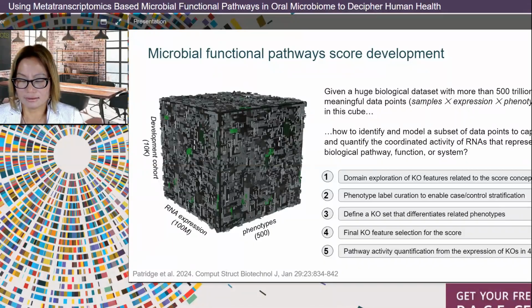I'm listing here 5 steps summarizing this whole iterative process: from the early literature domain exploration to understand the score concepts, the phenotype labeling with multiple iterations, differential gene expression analysis comparing case and control defined by any of these phenotype labels to get the final winning set of KOs, and then the quantification or aggregation of the relative abundance to represent this whole pathway activity. That's the score.